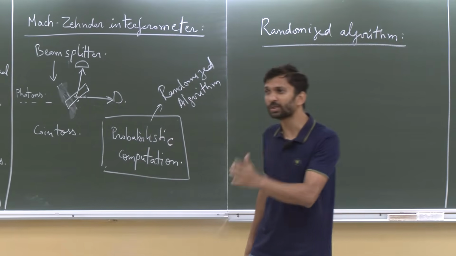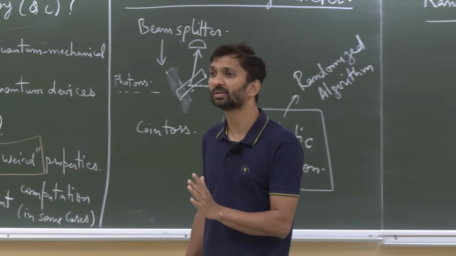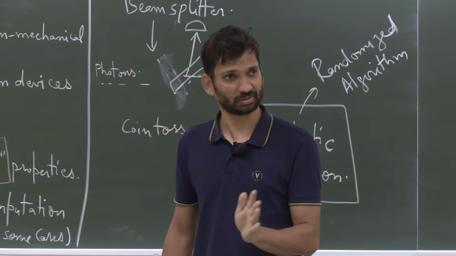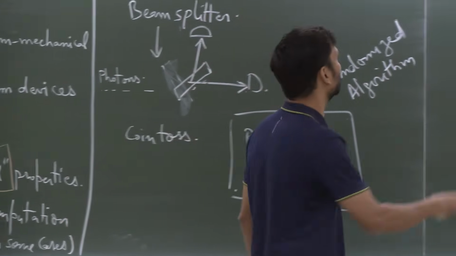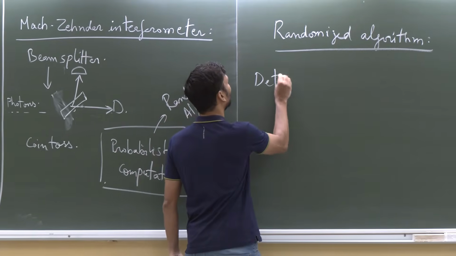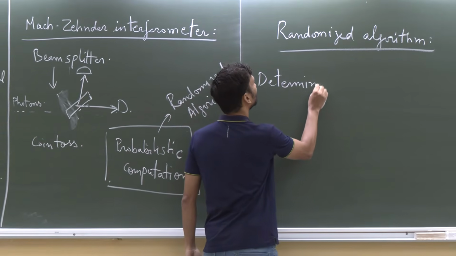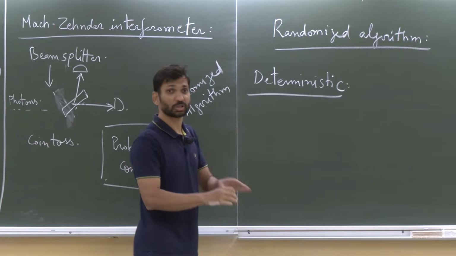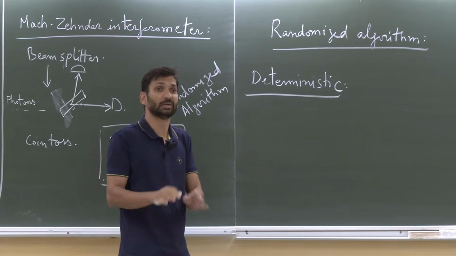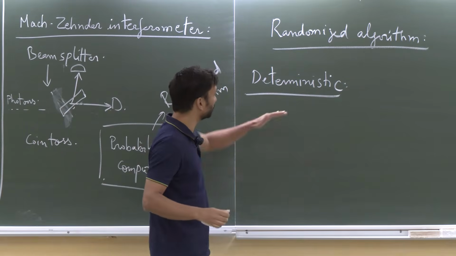And if my input is fixed, my output is fixed, correct? Now, yes, this is the ideal case. This is what I call deterministic computation instead of randomized. This is the usual computation you have studied, most of you, like all of you, have studied till now.